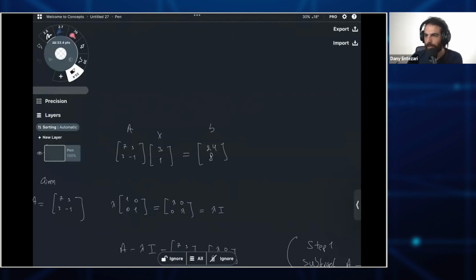Then you will get a third matrix. Then you have to take the determinant of that matrix, and you will get this expression. Then you have to solve for lambda, and you will get 2 values, 2 eigenvalues.